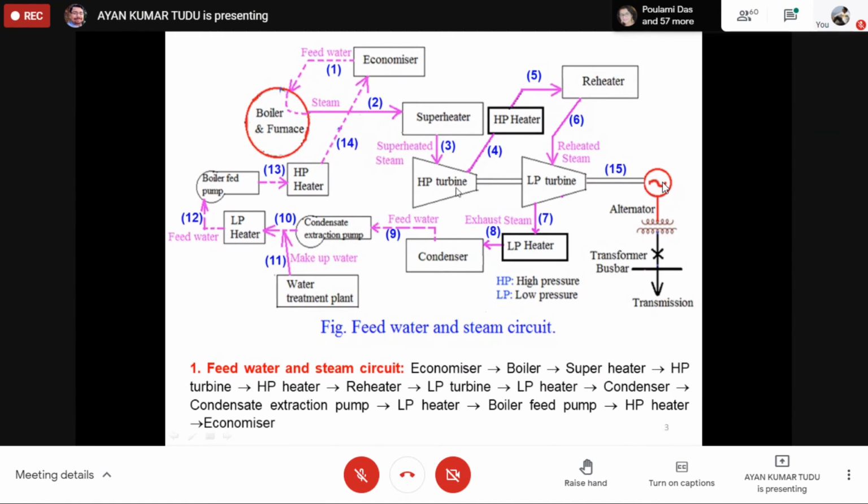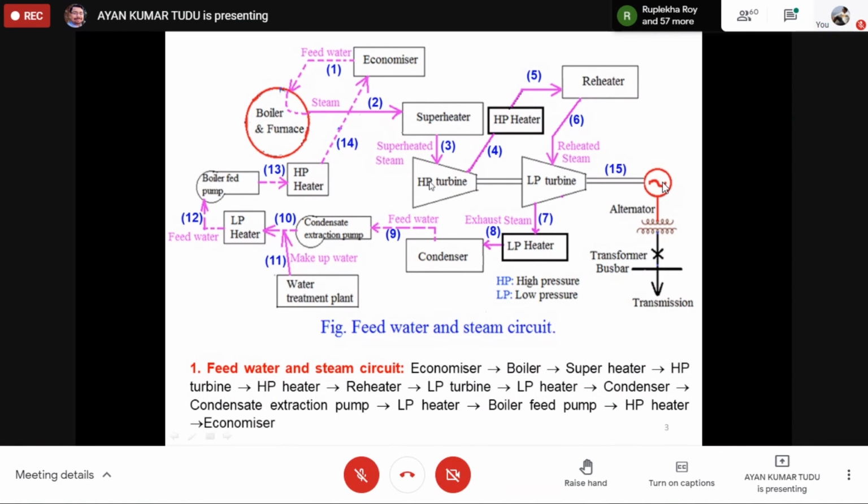After expansion, the steam is taken to the high pressure heater and to the reheater, and then again goes into the LP turbine. After expansion, the exhaust or spent steam of the high pressure turbine is further heated.